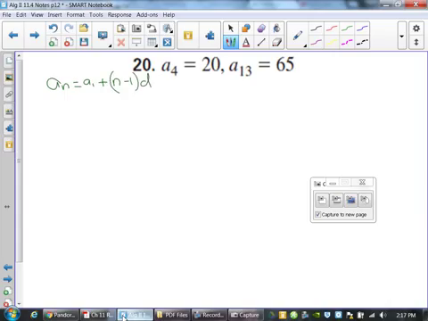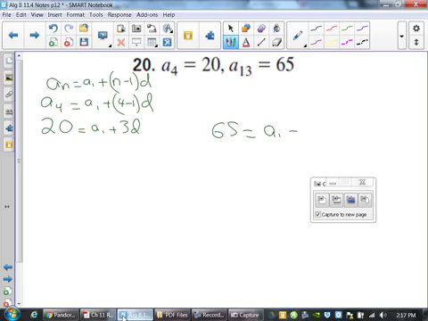Well, your fourth term is the first term plus 4 minus 1 times the common difference. That means 20 is the first term plus 3 times d. And I do the same thing for the 13th. The 13th term is 65, which is the first term plus 13 minus 1 times the difference.